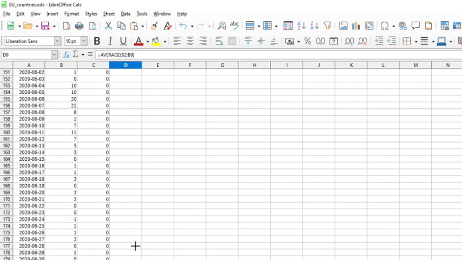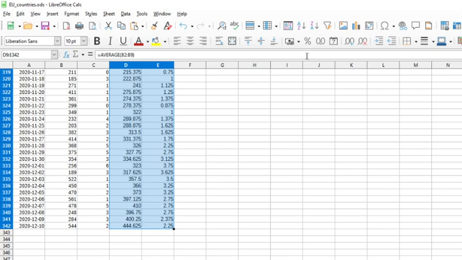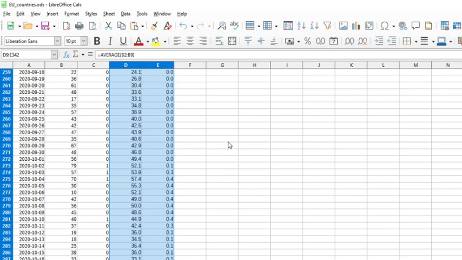Estonia doesn't look too bad right now, actually, does it? So I'm calculating the 7-day moving average for Estonia's cases and deaths.